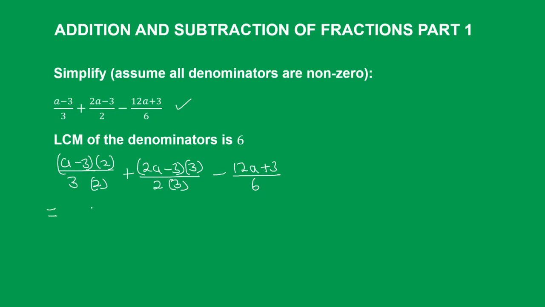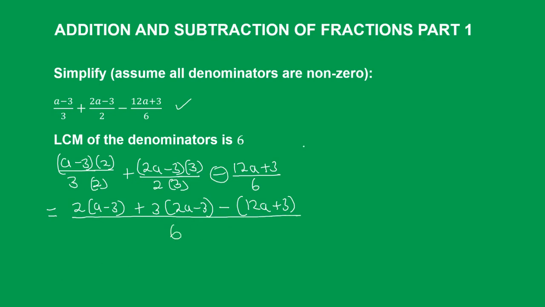So it becomes equal to a minus 3 plus 3 times 2a minus 3. Then be careful with this. This is minus, so negative 12a plus 3, all divided by 6. And then we can remove the brackets for our numerator.